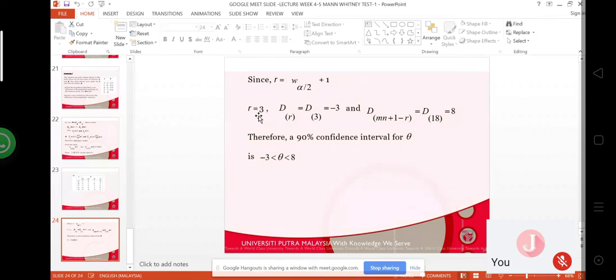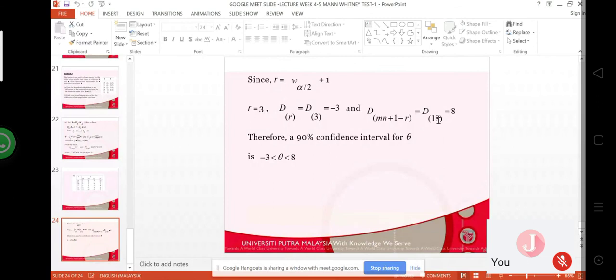Now you say, I know R, the Rth order. For the lower confidence limit, the formula is the Rth order of the difference. So now you say, the third order of the difference. For the upper confidence limit, mn plus 1 minus R: 20 plus 1 minus 3.